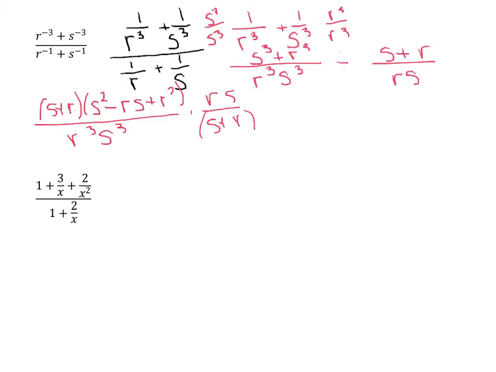Anytime I have the same factor in the numerator and denominator, they cancel. This cancels, that cancels and becomes a 2, that one cancels and becomes a 2. So I am now left with s squared minus rs plus r squared over r squared s squared.